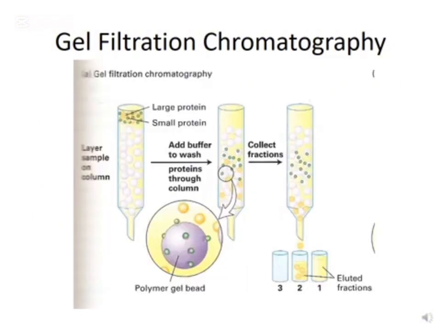What happens in gel filtration chromatography is that the protein solution is placed in a column where there are beads that are going to present different sized pores in the column. Once the solution is poured, the different sized proteins are going to start finding their way down the column due to gravitational forces.